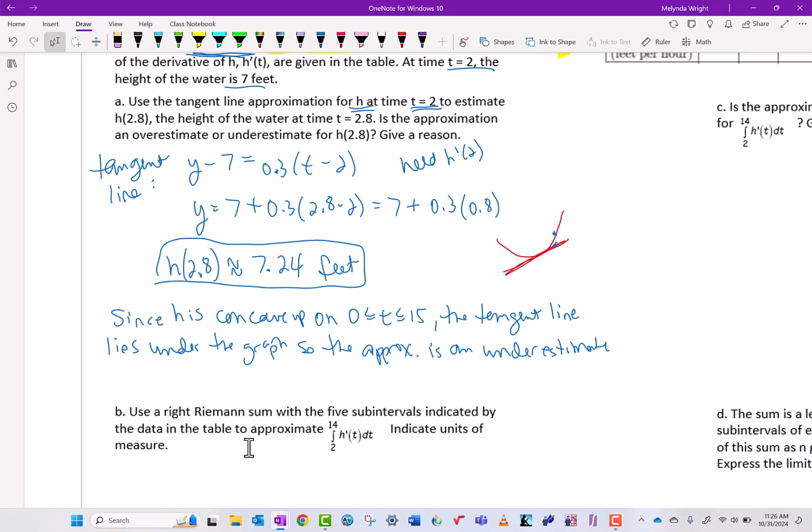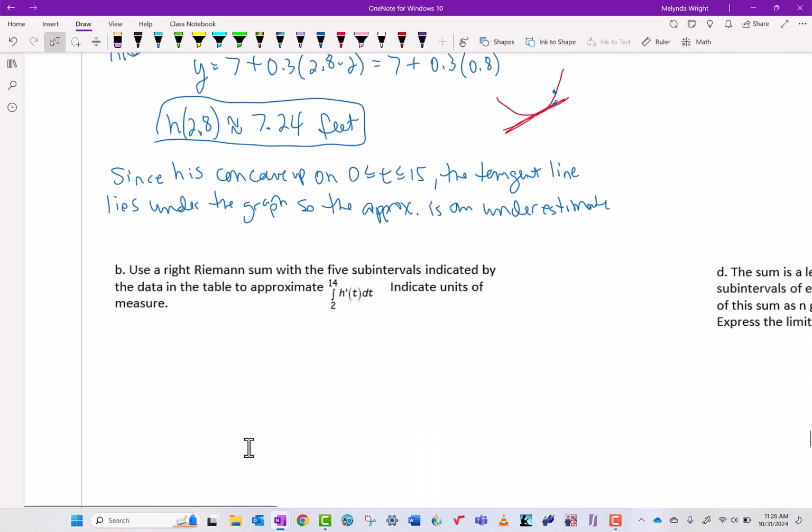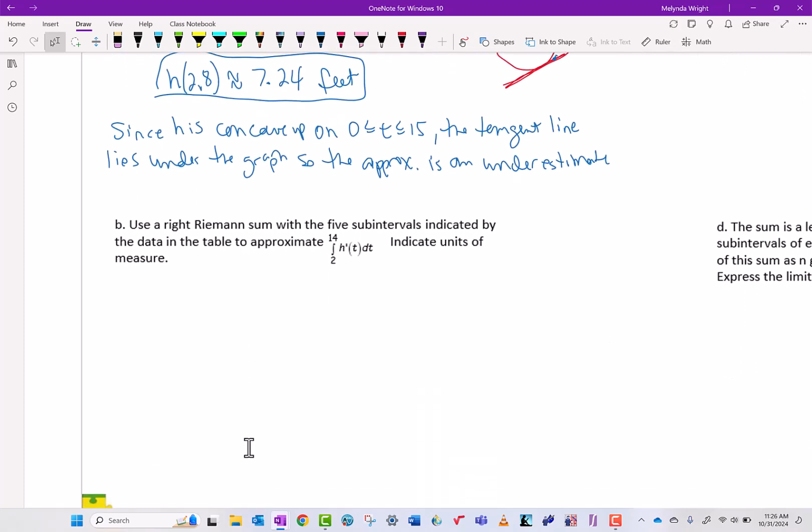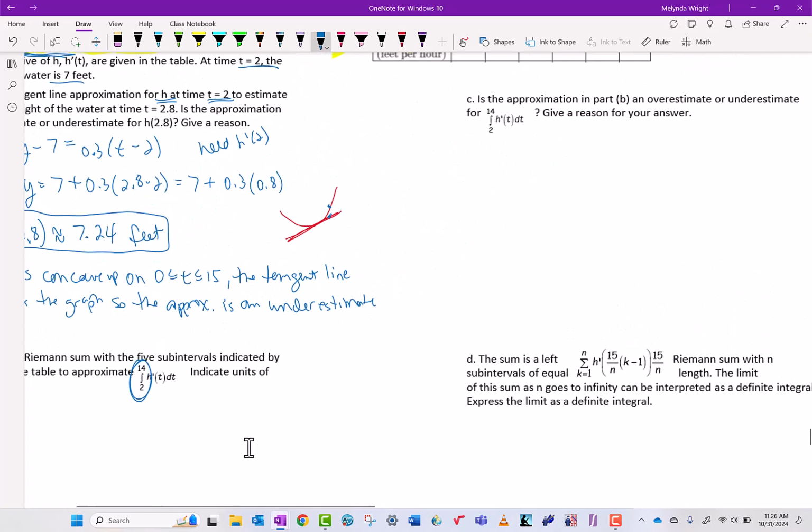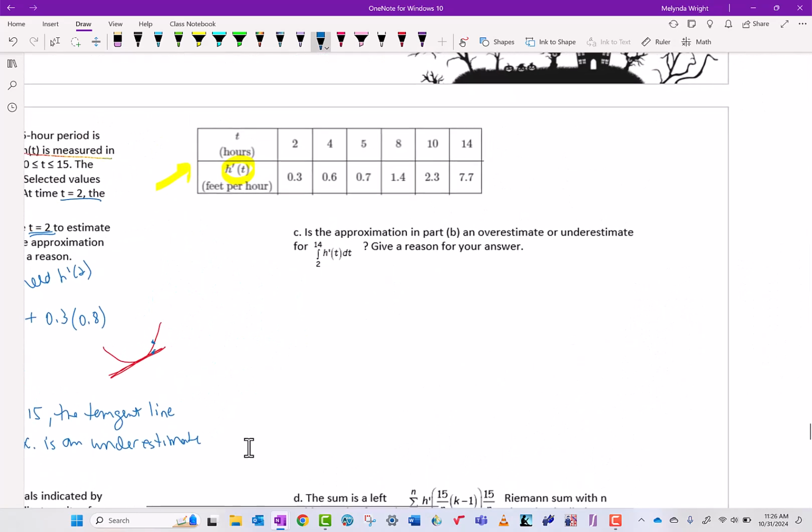Let's take a look at part B. Use a right Riemann sum. Now we don't want to get confused here. It's telling us to use a right Riemann sum, not a scary Riemann sum. Just a regular right Riemann sum with 5 subintervals indicated by the data in the table. So let's look at the table. The data is from 2 to 14.